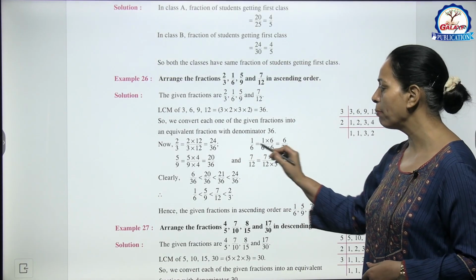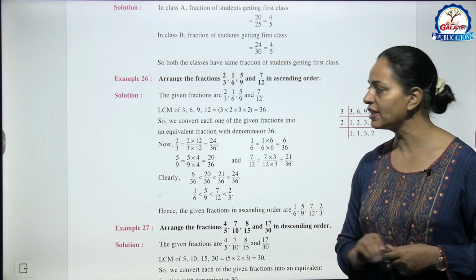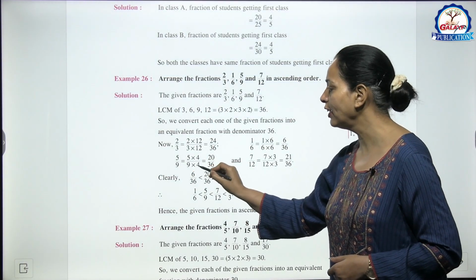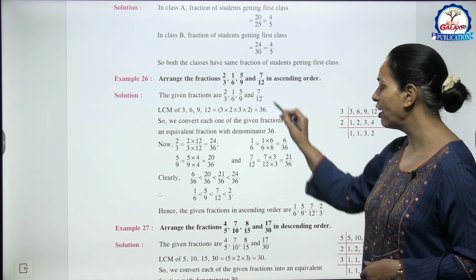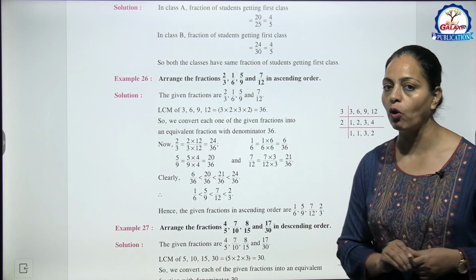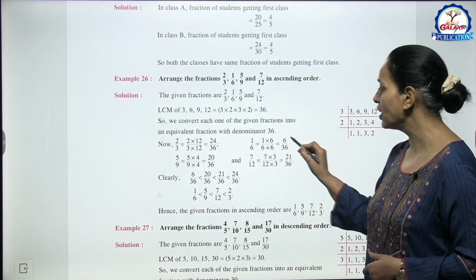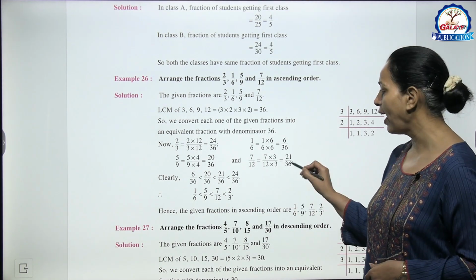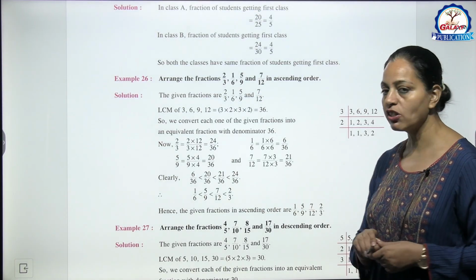The second is 1 by 6, 6 into 6, 1 into 6, 6 upon 36. 5 upon 9, 9 into 4, 5 into 4, 20 upon 36, and 7 upon 12, 12 into 3, 7 into 3, 21 upon 36. Now compare the numerators. So 6 is the smallest one and 24 is the greatest one. So write in increasing order.